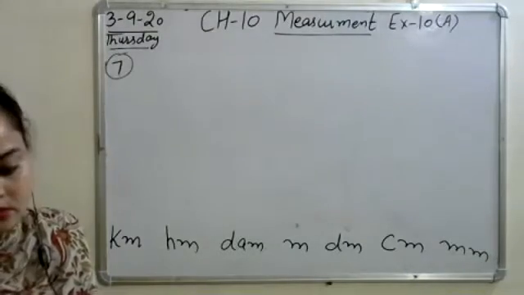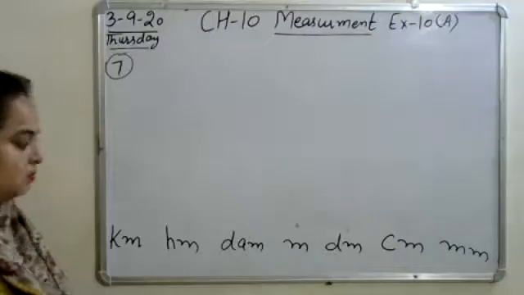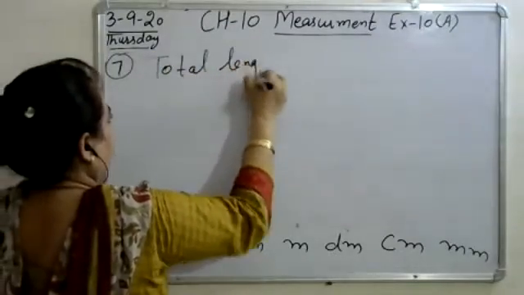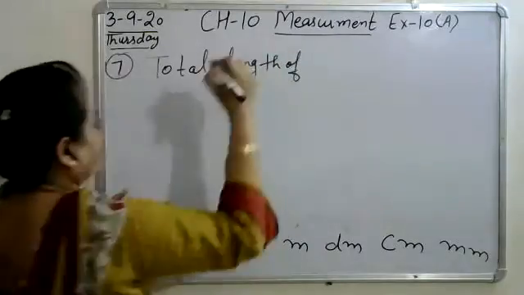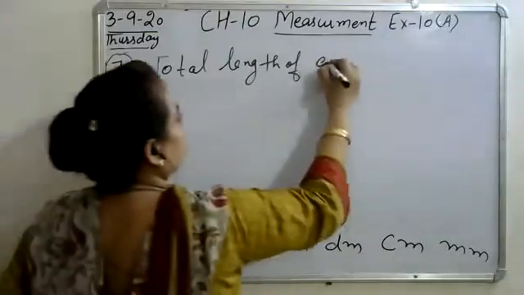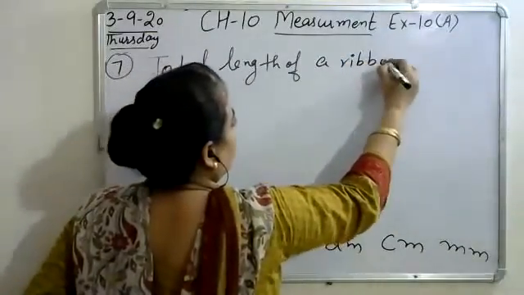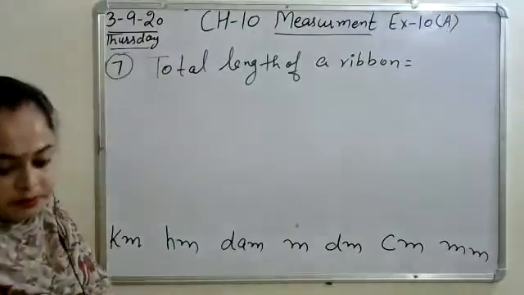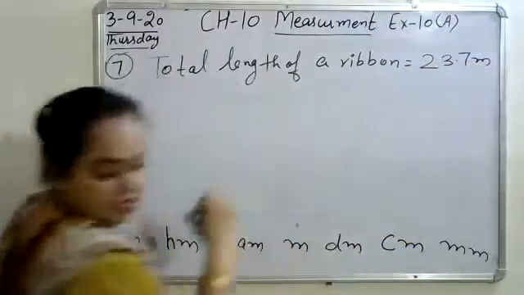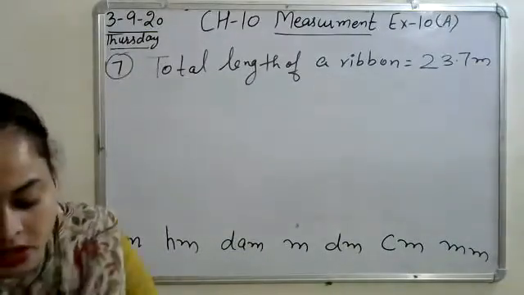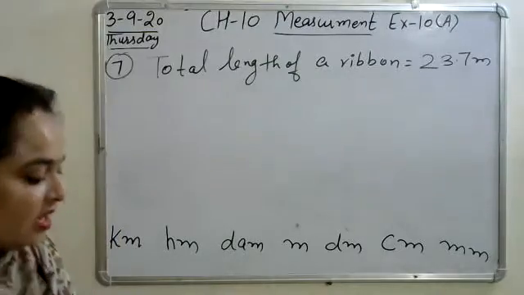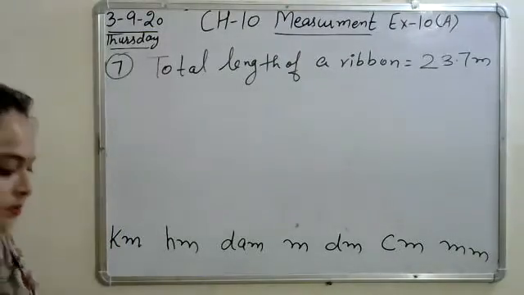It was cut into 4 pieces of 3.9 meter, 14.2 meter, 2.9 meter, and 1.8 meter. Find the length of the remaining ribbon. This is given to you. Now according to you, बेटा, आपको क्या लगता है हम ये सम कैसे करेंगे? How can we solve this sum?